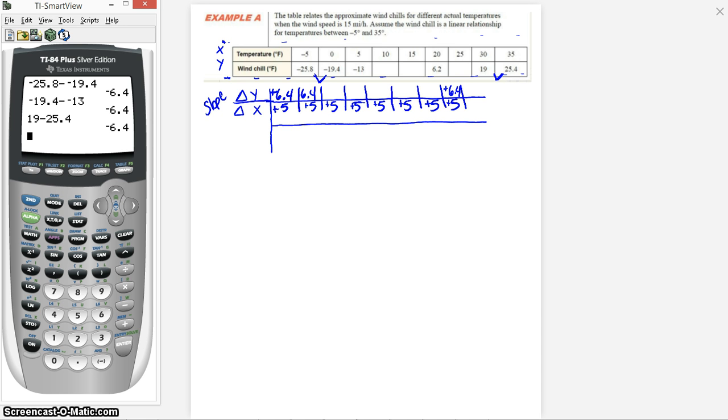So can we finish filling out that table? If I take -13 and I add 6.4, I get negative 6.6, so that's going to go directly under 10.